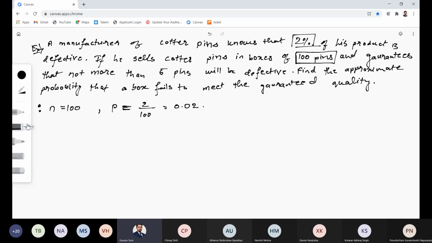First of all, the number of trials is very large and the probability of success is very small, so this will follow the Poisson distribution. In Poisson distribution, the value of z is n into p. So z is equal to n into p, which is 100 into 0.02, which is 2. The value of z is 2. What is to find?